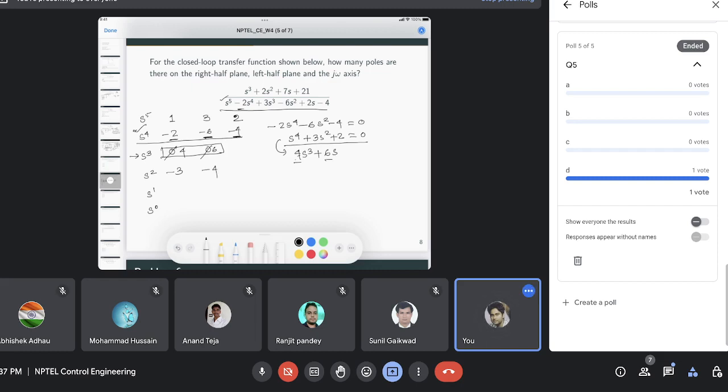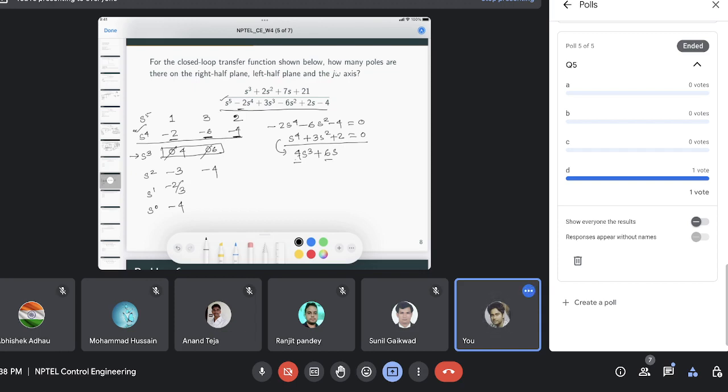And this is -18 plus 24, divided by 3, then -2 by 3, and this is -4. You know how to proceed like this, so I'm just computing that, nothing else.